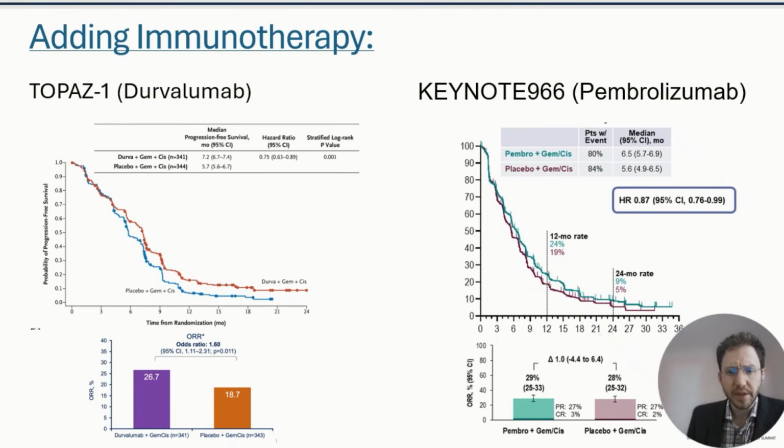And this slide summarizes some of the key secondary efficacy outcomes of PFS and objective response rates, with median PFS of around 7 months with the chemoimmunotherapy arms, and response rates in the upper 20%, close to 30%.